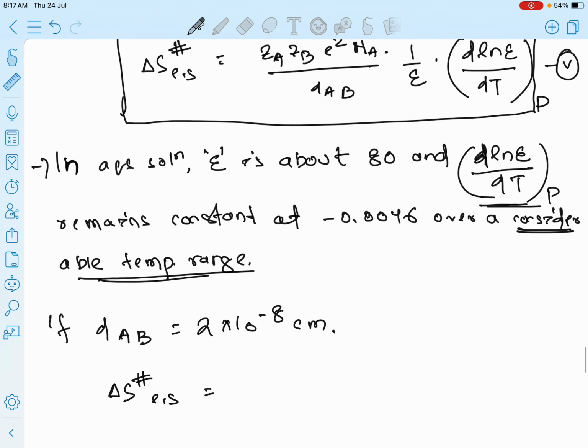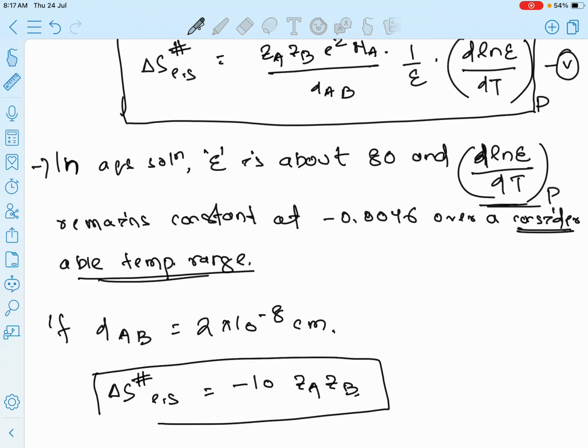Then the value will come out to be about, this is the approximate value, minus 10 ZA ZB. This is your equation number 6.